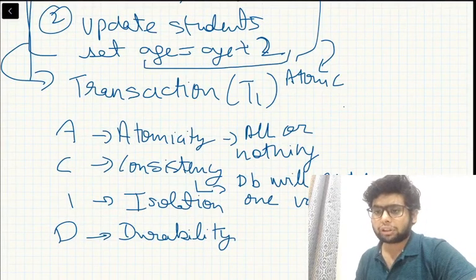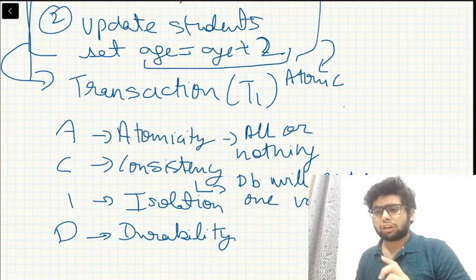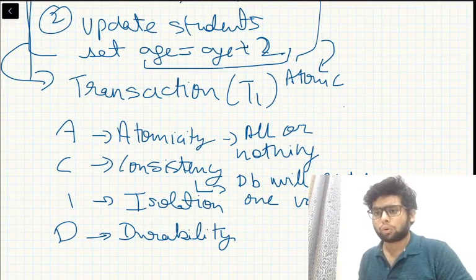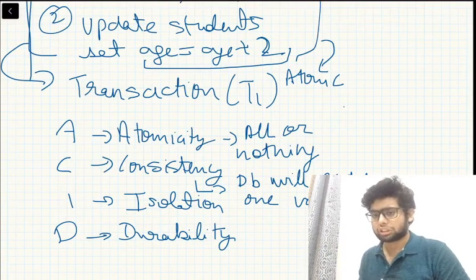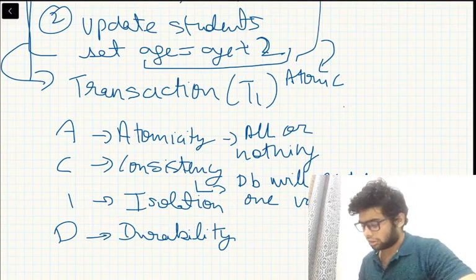It wouldn't happen that the age of only the top 3 rows has increased and the last row's data hasn't been changed. So there is a property with consistency that all of the rows would be changed or no row would be changed. So this is consistency, that it would move from one valid state to another valid state.